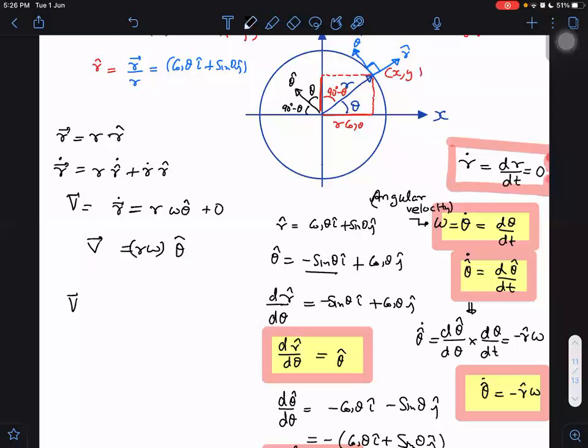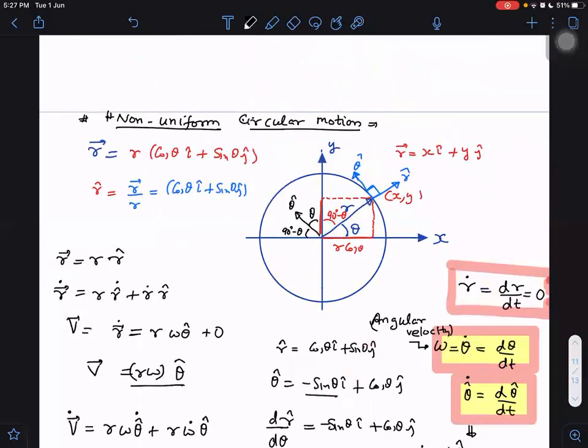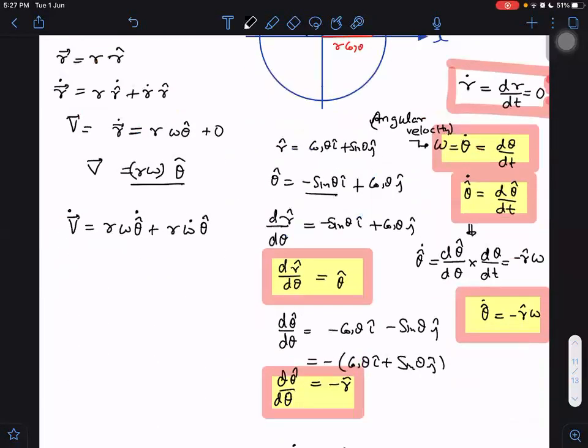Now let us take the derivative of velocity. Again, I have to differentiate 3 terms now. Take the derivative one at a time. R omega theta cap dot, then r omega dot theta cap. If omega is not constant, then I have to take omega dot. And here I have taken non-uniform circular motion, so omega is not constant. Plus r dot omega theta cap.